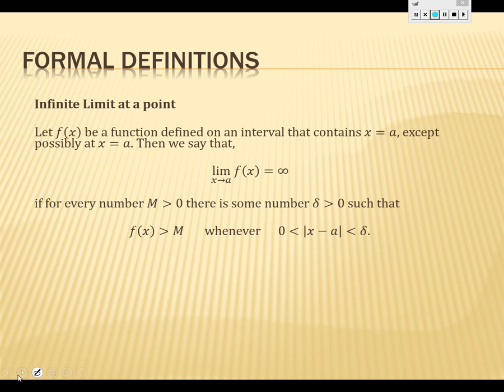Again, this is the key part. If for every number m greater than 0, if for every positive number that someone can challenge me with, I can give you a delta such that if we're within a distance delta from x equals a, then that makes this true, right? Isn't that what this says?